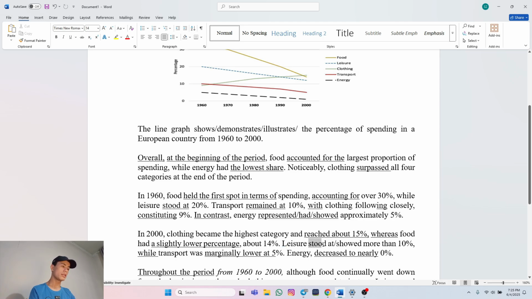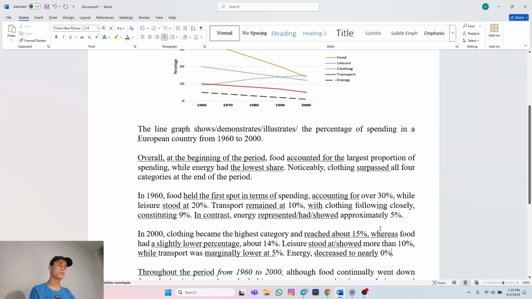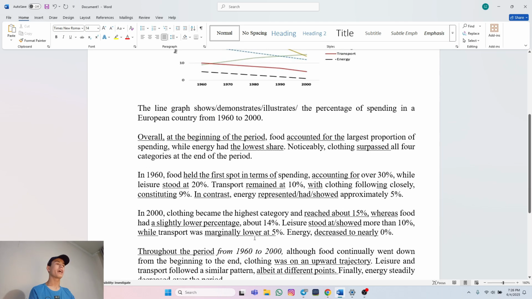Leisure stood at or showed, you can choose to use one of these words, more than 10%, right? Leisure here stood at, this line means 10%, and leisure is standing a little bit higher. Okay, stood at 10%. And while transport, this red one, was marginally lower at 5.